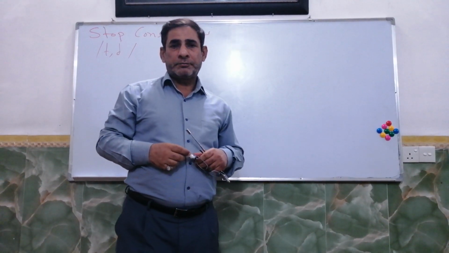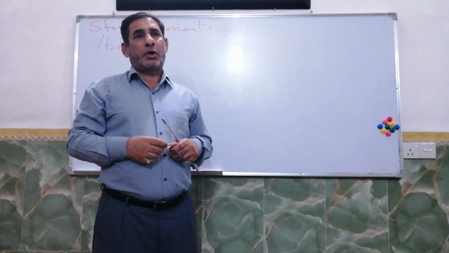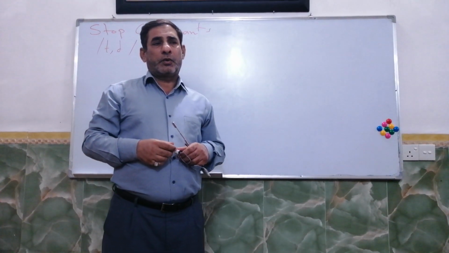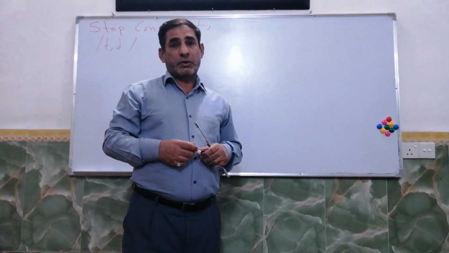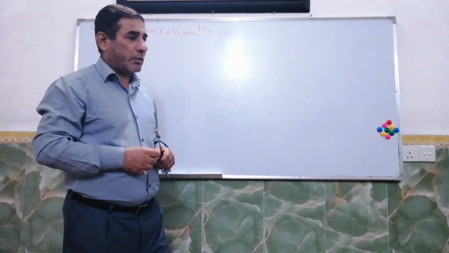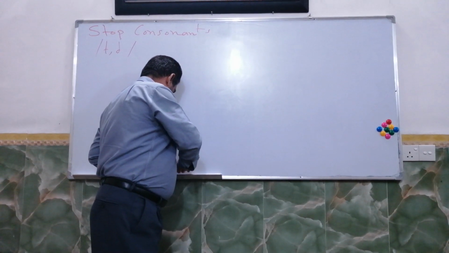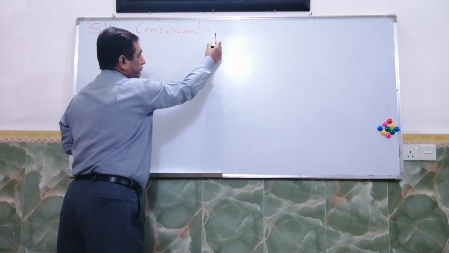We have the diagram, and we have the points related to the production of these two sounds, two phonemes, and also we have the description. So as usual, I'll start with drawing the diagram, the upper jaw. This is the upper jaw.